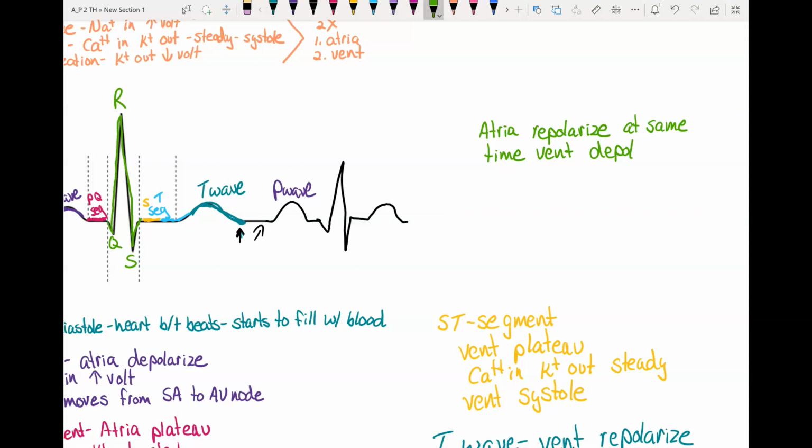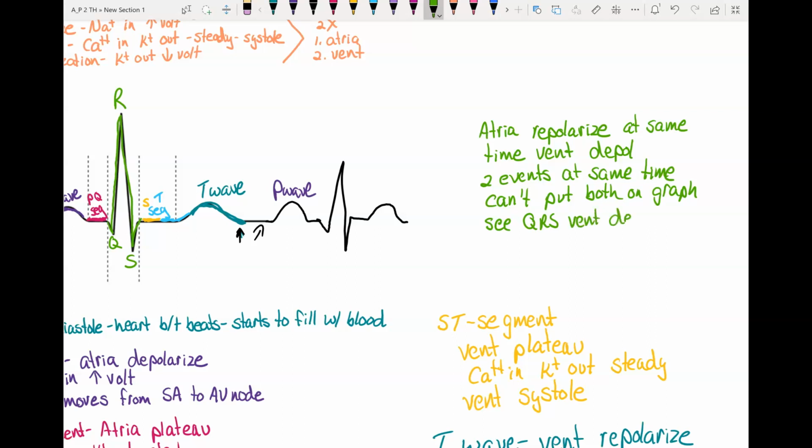We can't put both on the graph. So we see the QRS that represents the ventricles depolarizing. The atria are repolarizing during this time, but you can't look at two things at the same time. So we look at the ventricles depolarizing.